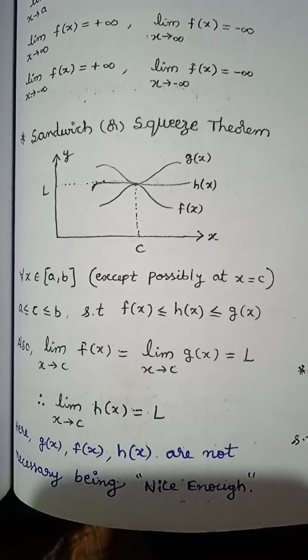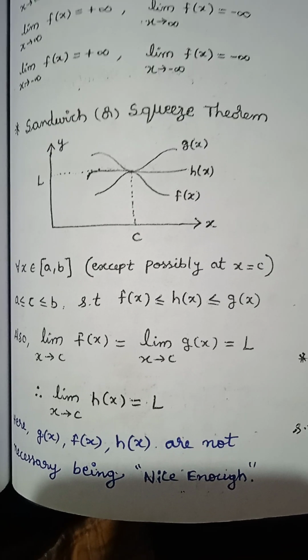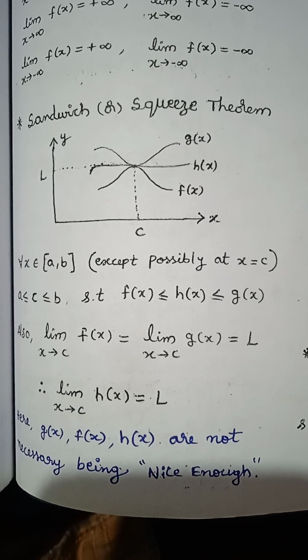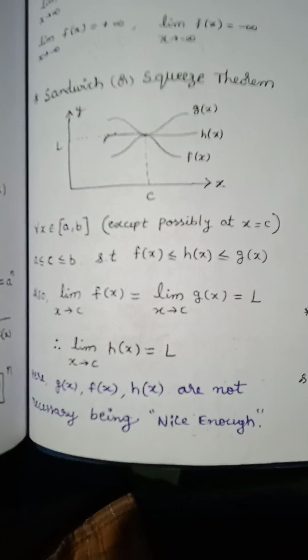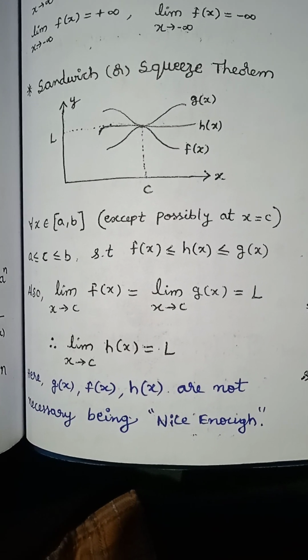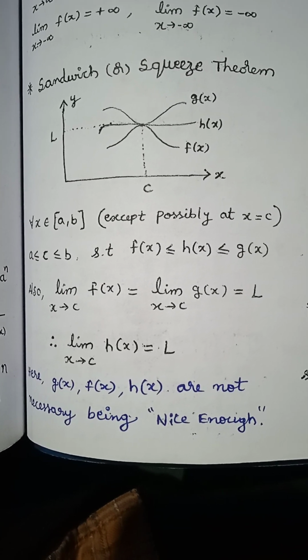Also, limit x tends to c f of x equals limit x tends to c g of x, both equal to L. Therefore, by the sandwich theorem, limit x tends to c h of x is also equal to L.